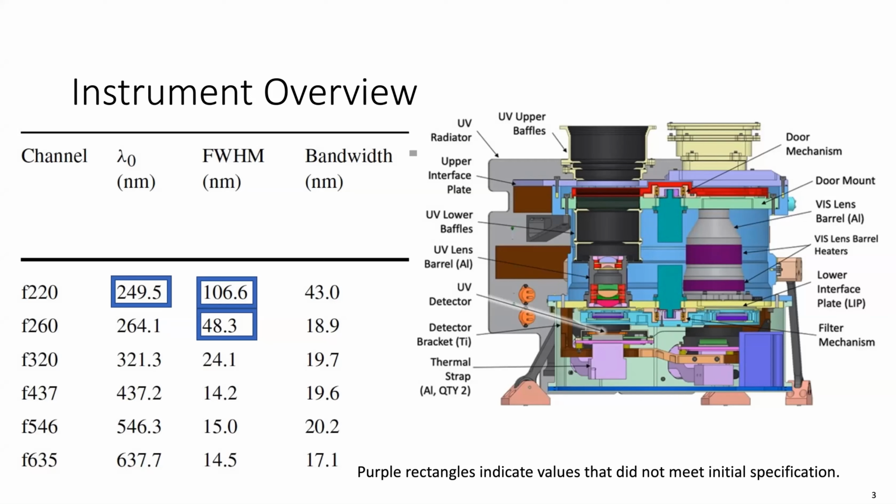You need to really understand what these band passes are. The 220 was originally specified to provide sensitivity to dust in the Martian atmosphere. Because of the problem with the filter, it's so wide now compared to what we needed that there's almost no sensitivity to the dust. And for the 260, the idea was that it's the ozone band that's sensitive to ozone.